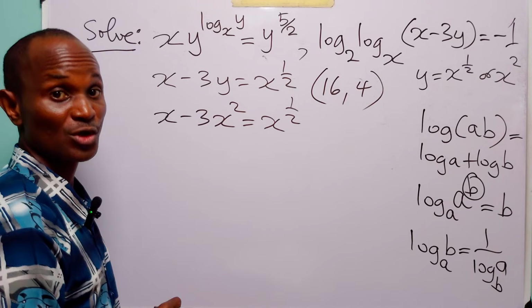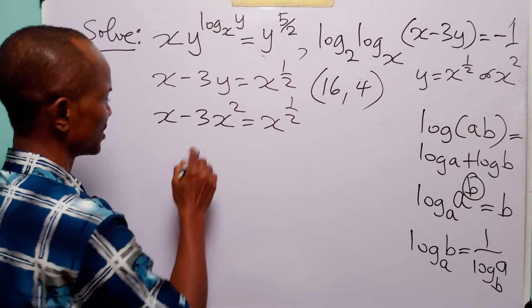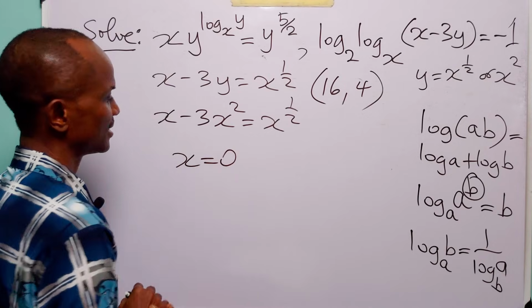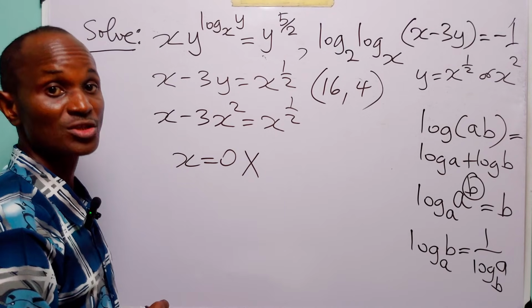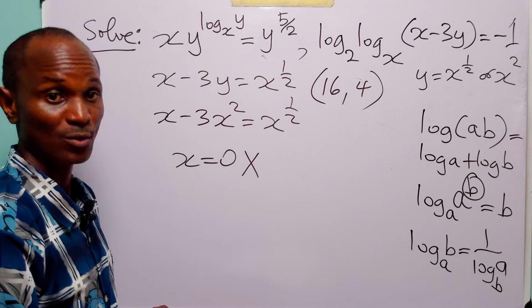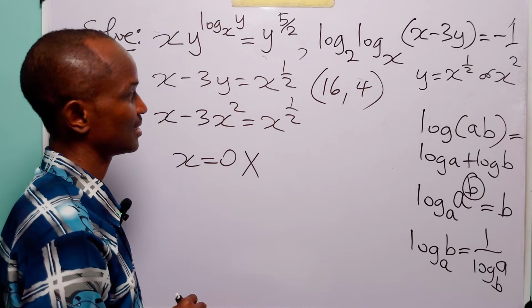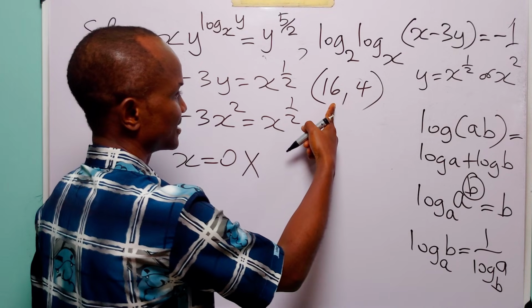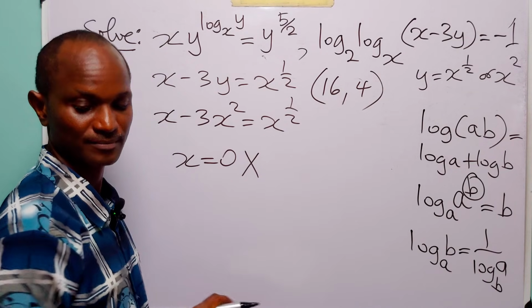Now, as far as I know, the only real value of x that satisfies this equation is x equal to 0. And of course, you know that that is not acceptable. So we have that the only values of x and y that satisfy this system of equations is x equal to 16 and y equal to 4.